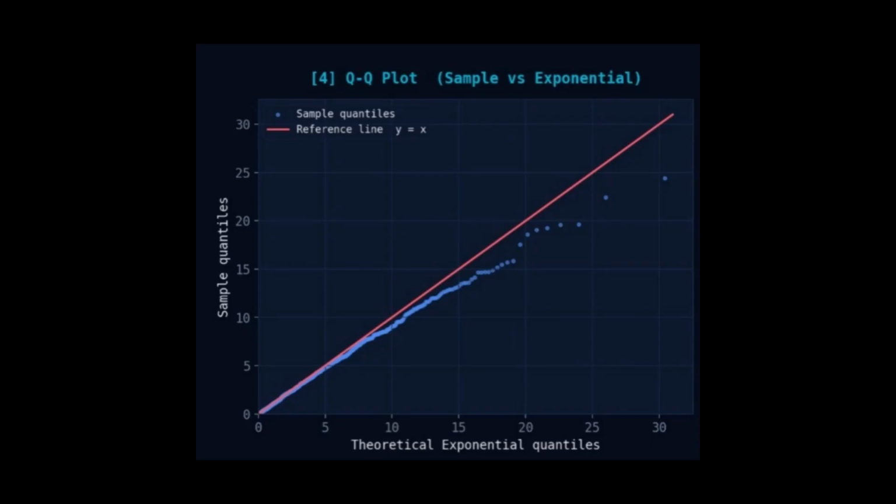Here, the blue dots track the line closely from the smallest values all the way to the largest. There is a slight spread at the upper tail that is normal and expected with only 1000 samples.